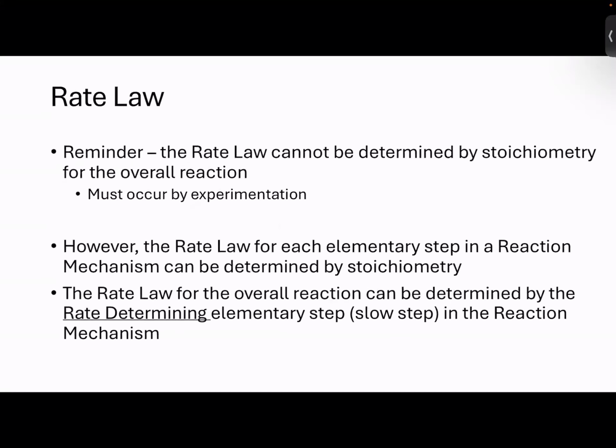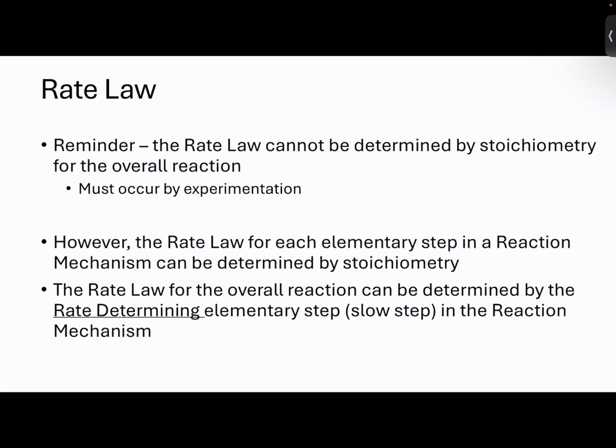Now, while the rate law for the reaction cannot be determined by stoichiometry, we can determine the rate law of the elementary steps using stoichiometry. The rate law for the overall reaction cannot be determined from stoichiometry.